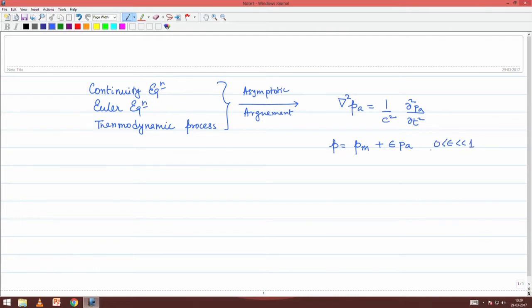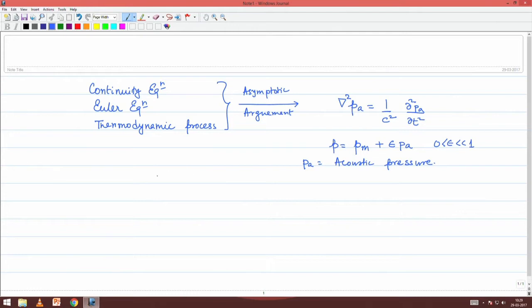It is a bookkeeping fictitious parameter introduced so as to enable the order tracking, and P_A is the acoustic pressure, and P_m was the mean pressure. So, this is what we had done in the last class. This is just a quick recap of the last class.